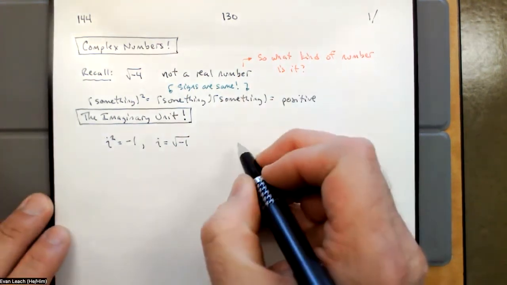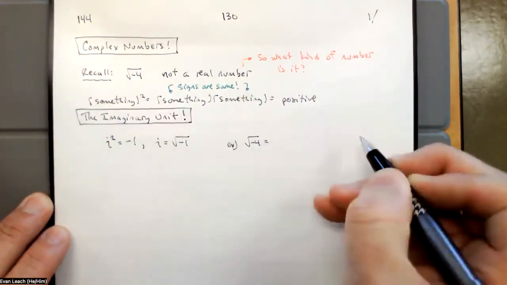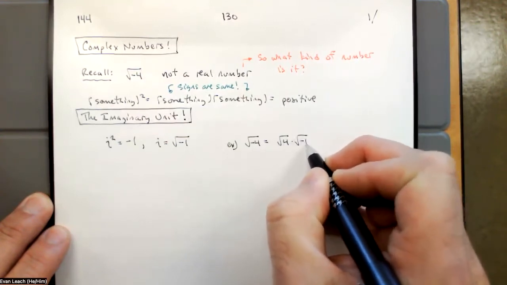So to use this, if we want the square root of -4, we just think of this as the square root of 4 times the square root of -1.